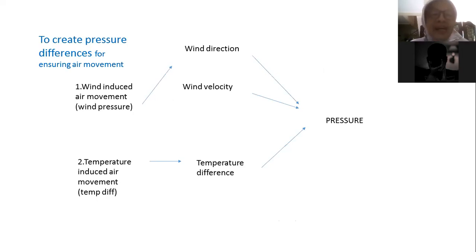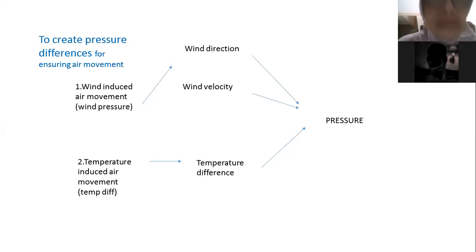First, we call it wind-induced air movement or wind pressure. The second, the pressure is generated by temperature difference; we call it temperature-induced air movement.